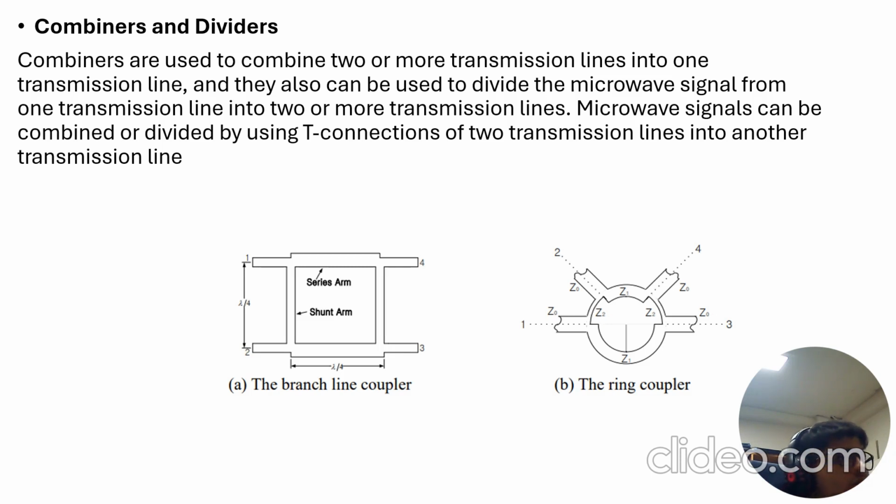Microwave signals can be combined or divided by using T connections of two transmission lines into another transmission line. You can see in the diagram. The first one is the branch line coupler, and the second one is the ring coupler. You can see the different nodes, and they just get attached and separated.